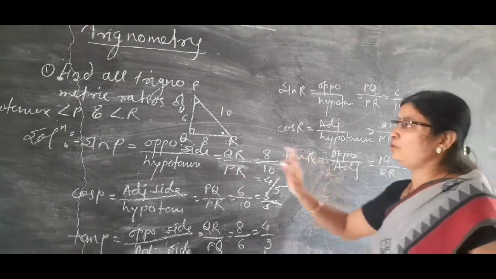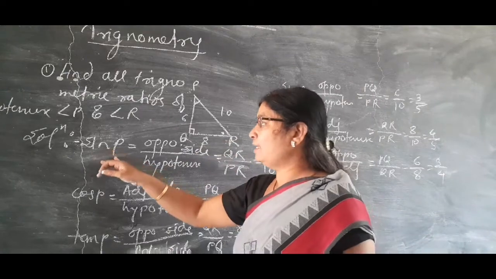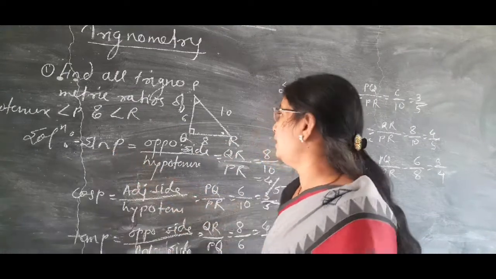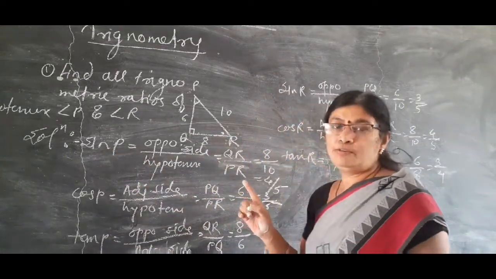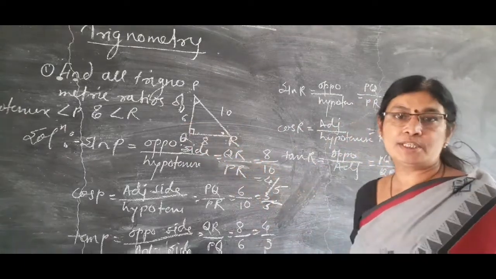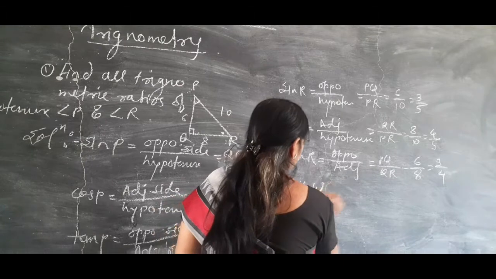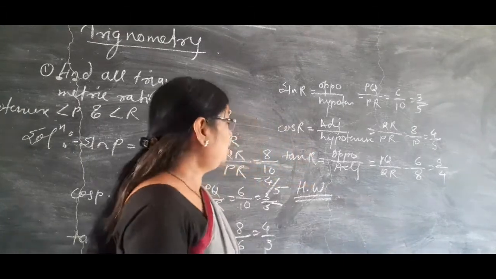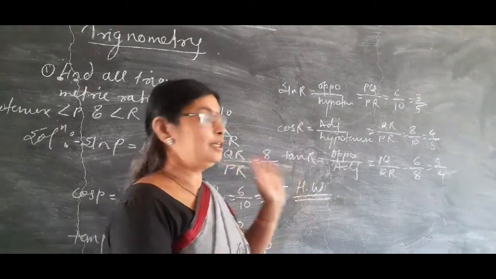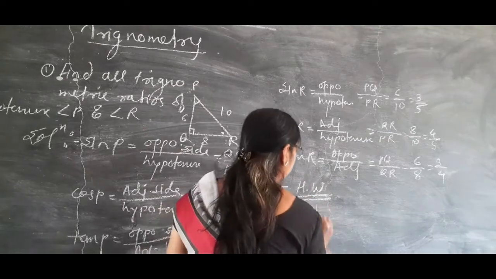In this way, you have to find sin, cos and tan of the given angles. You always have to identify which is the opposite side and which is the adjacent side. So students, your homework is to find all the trigonometric ratios of the given angle.